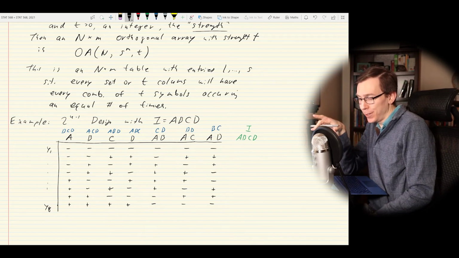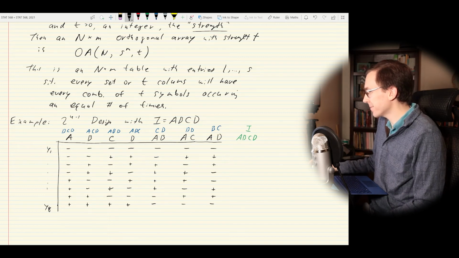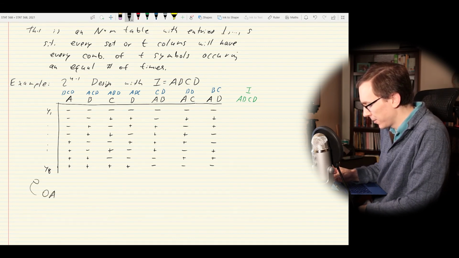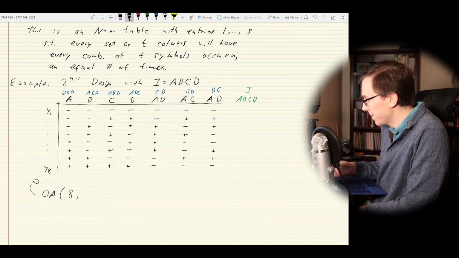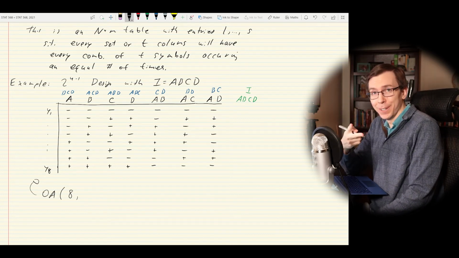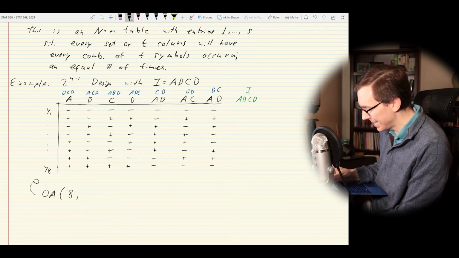Now, this table is an example of an orthogonal array. In this case, this is an orthogonal array with a total of 8 rows. The number of symbols is 2, I have 2 different symbols, minus and plus, so S is equal to 2.